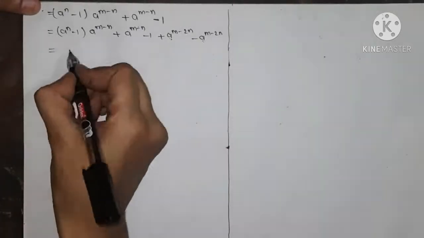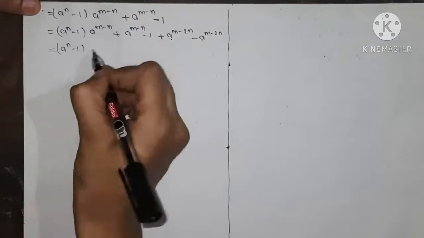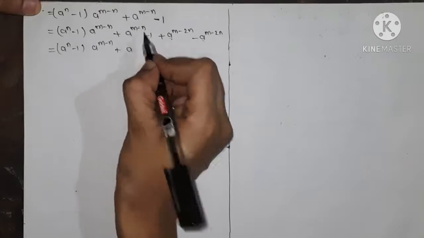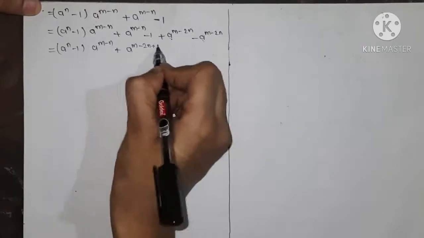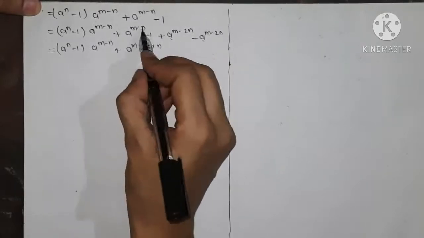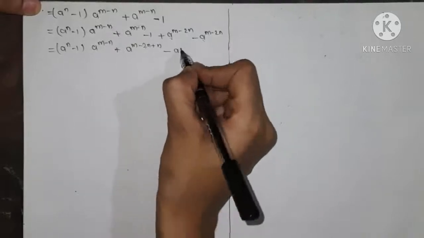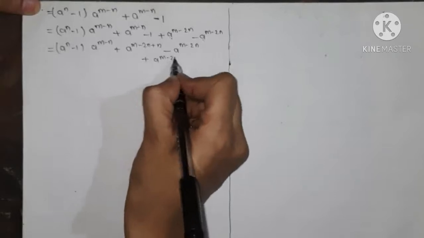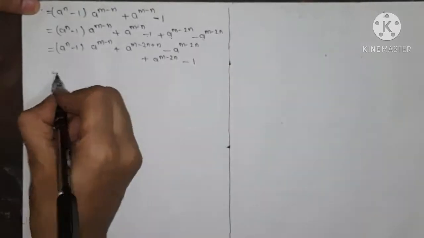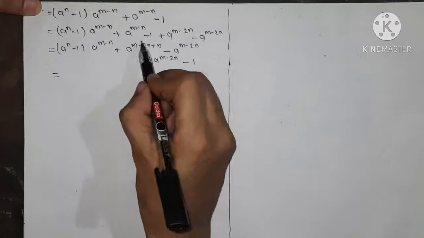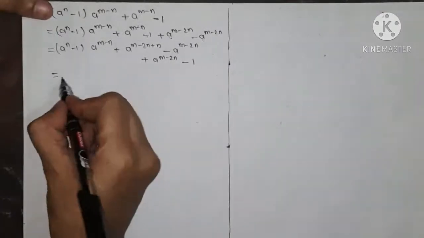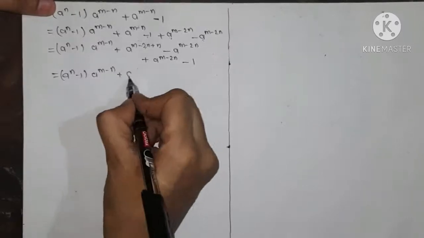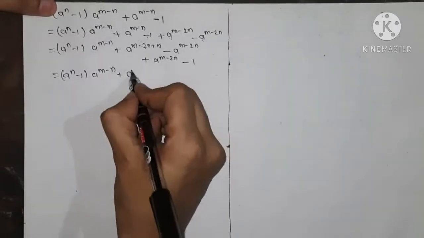So this equals a to the power n minus 1 times a to the power m minus n, plus, we write a to the power m minus n as m minus twice n plus n, so we get a to the power m minus twice n plus n, minus a to the power m minus twice n, and this minus 1 here. We are just arranging the terms. So it is a to the power n minus 1 times a to the power m minus n plus a to the power m minus twice n.